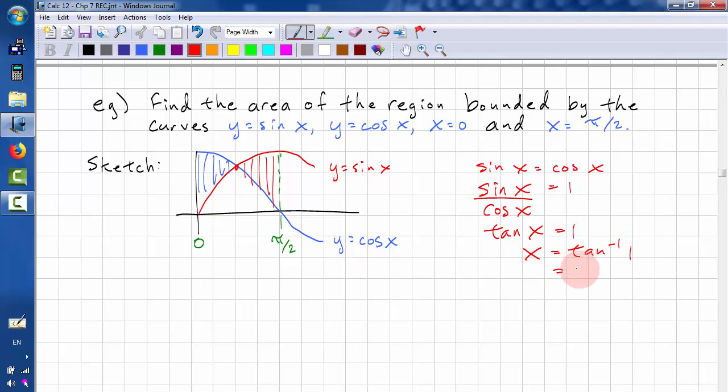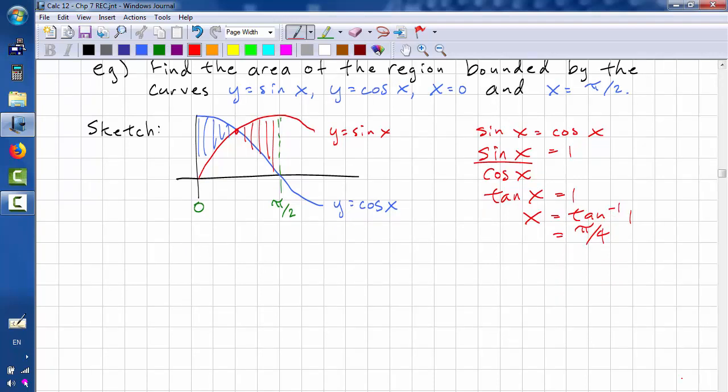And that is pi over 4. Okay, we already said that cos is larger than sine on the first partition.